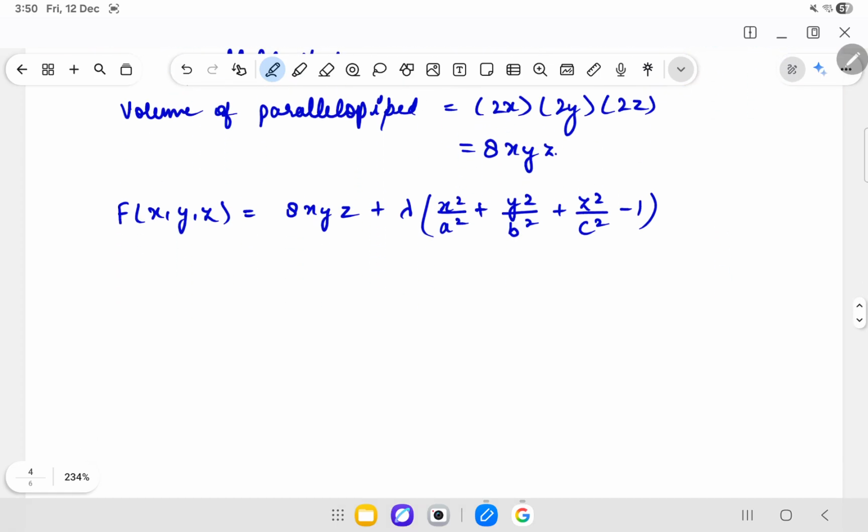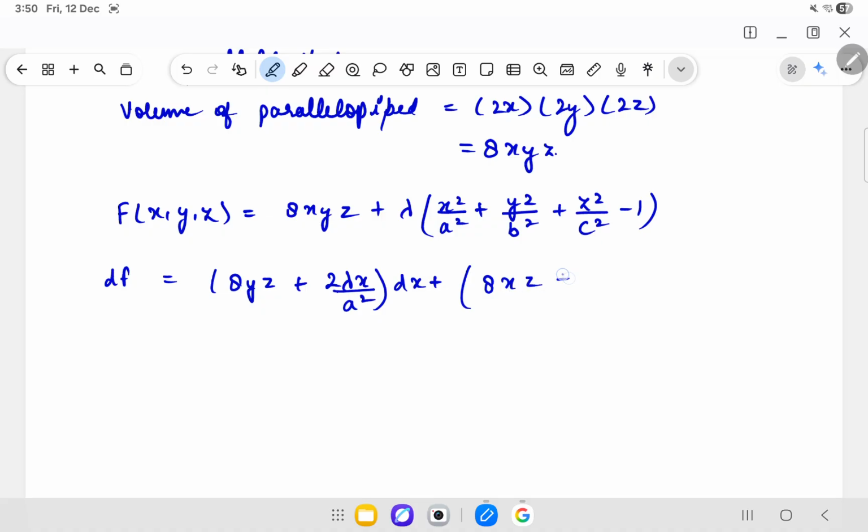Now in order to calculate its stationary point, I find dF, which equals (8yz plus 2 lambda x by a square) dx plus (8xz plus 2 lambda y by b square) dy plus (8xy plus 2 lambda z by c square) dz.